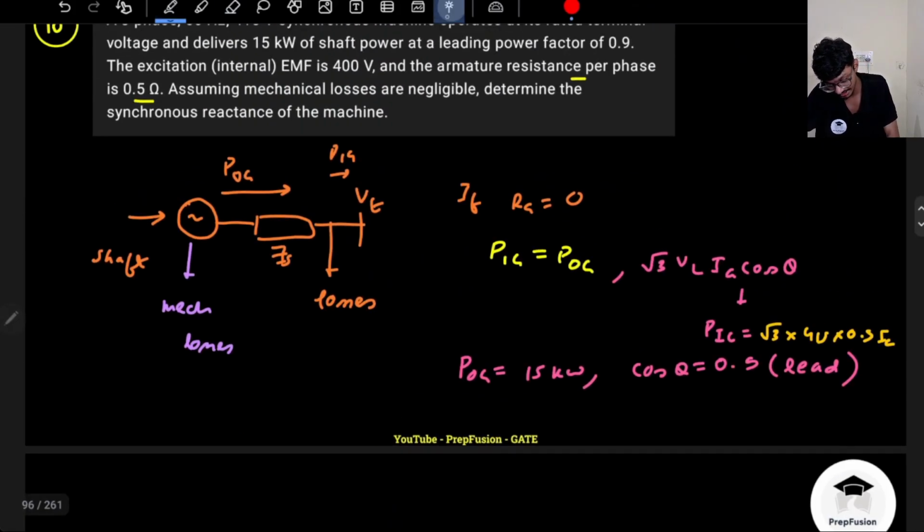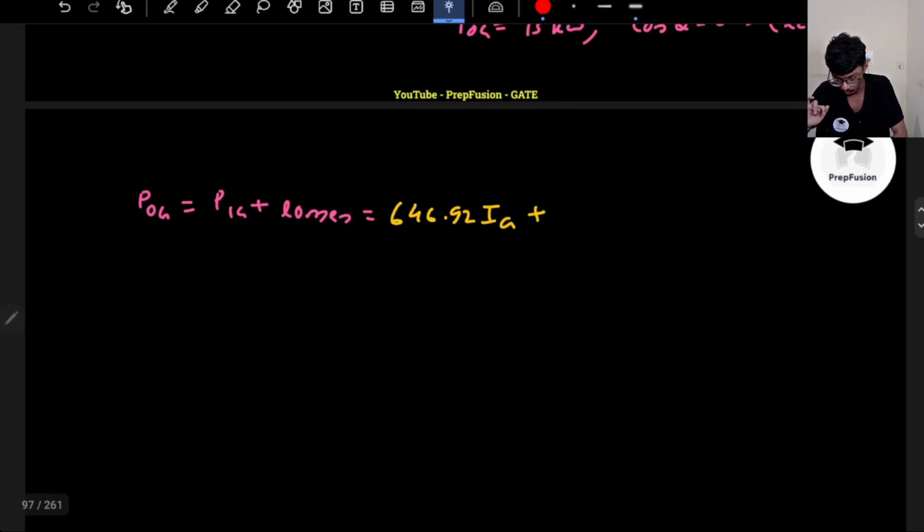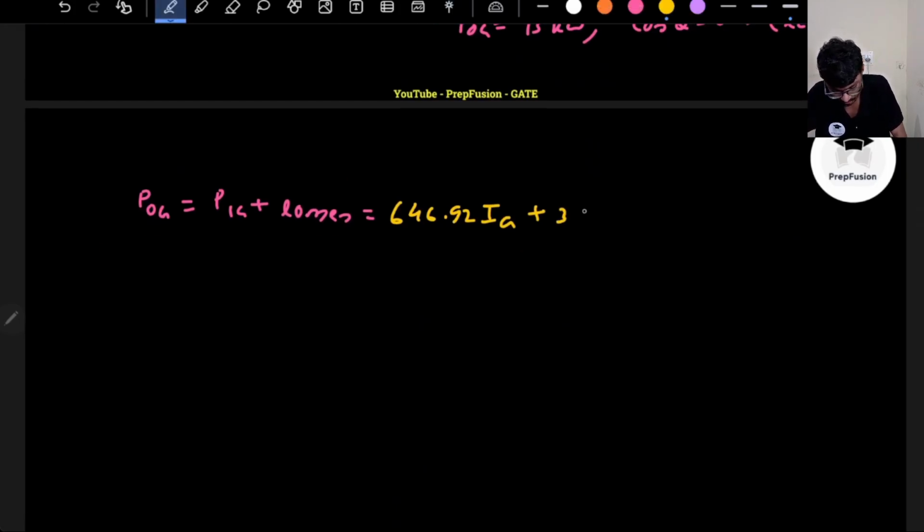Remember, copper loss is IA square into RA per phase, but whatever power I am writing is three-phase power, so in three phases the copper loss will be 3 IA square RA.